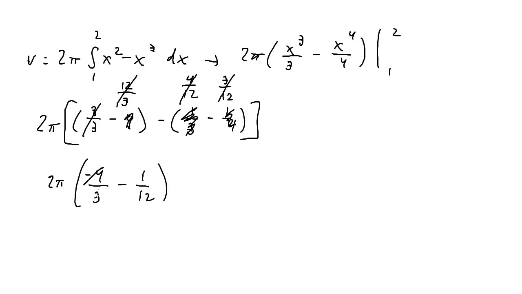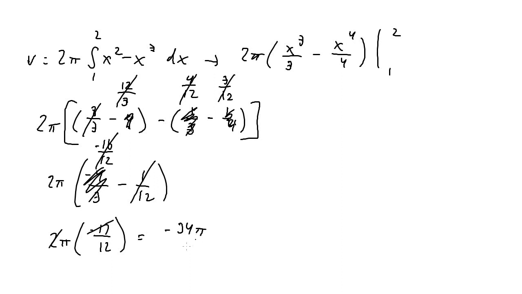Now I'll rewrite negative 4/3 as negative 16 over 12. So then we have 2 pi times negative 16 over 12 minus 1 over 12 is negative 17 over 12. So then we have 2 times negative 17 is going to be negative 34 pi over 12. And then I can simplify that down to negative 17 pi over 6.